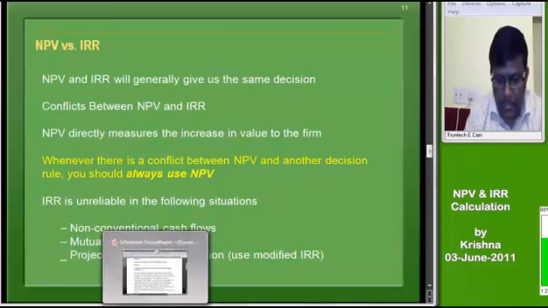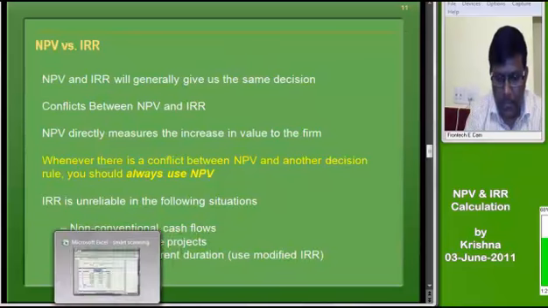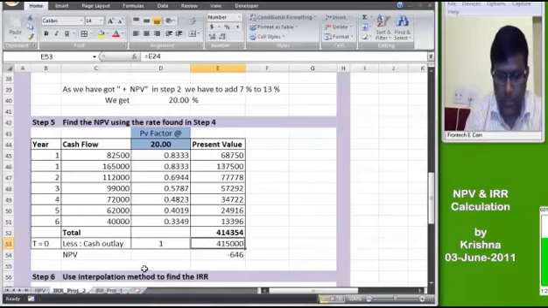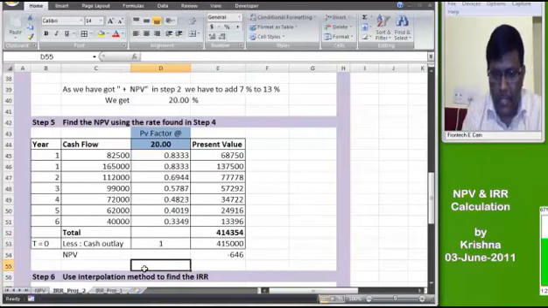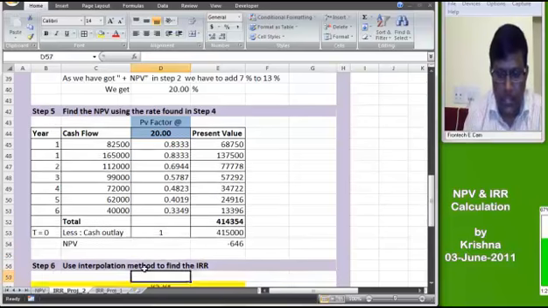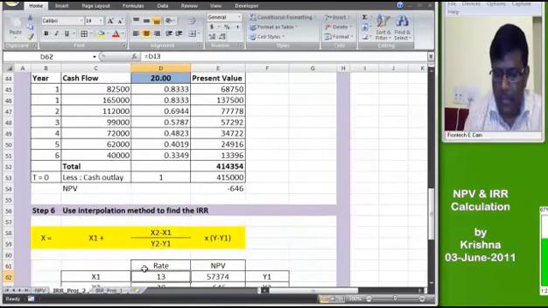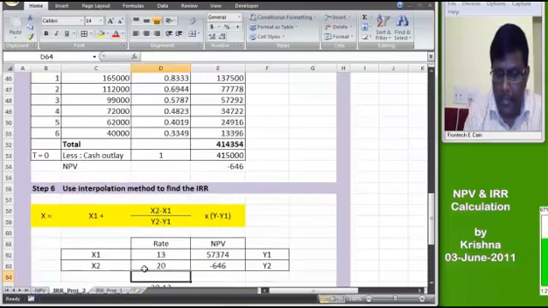So remember this definition, that's very important. Now we have identified two rates, 20% and 13%, and we also have two net present values. Using these details, we have to identify the IRR.